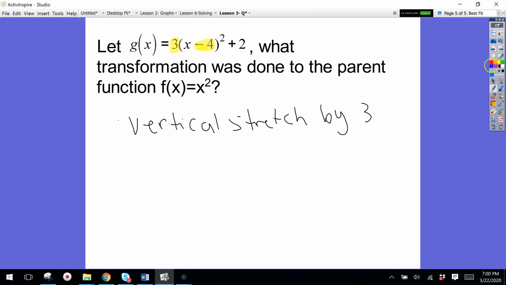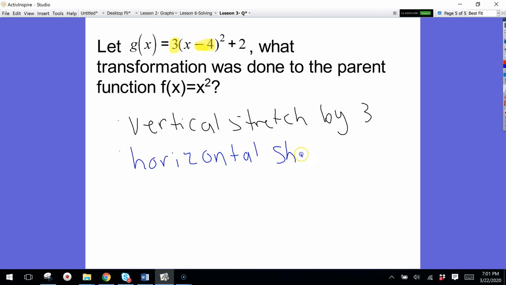If you remember, subtracting from x gives you your horizontal shift, and horizontal shifts are always the opposite of what you think. Because I subtracted 4, you actually went to the right. Shift 4 units to the right.